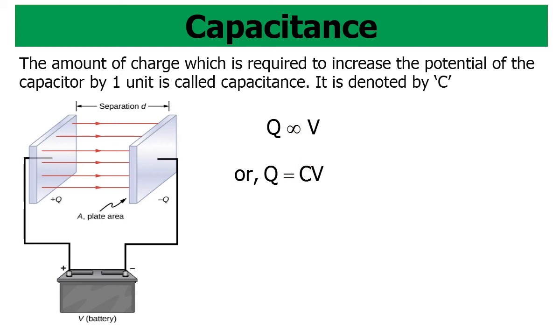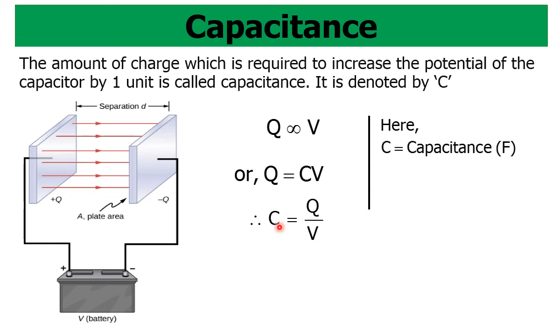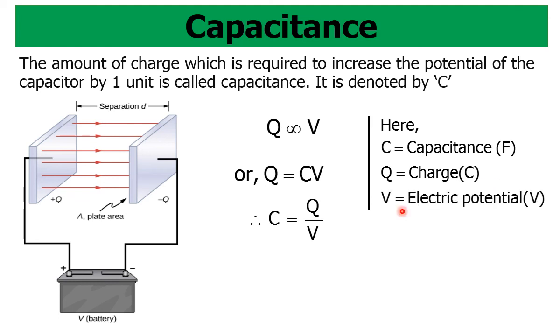Here C is the constant, which is called capacitance. And if you want to calculate the value of capacitance, then we can write the formula of capacitance C equal to Q by V. Here C is the capacitance, Q is the charge, whose unit is coulomb, and V is electric potential, whose unit is volt.